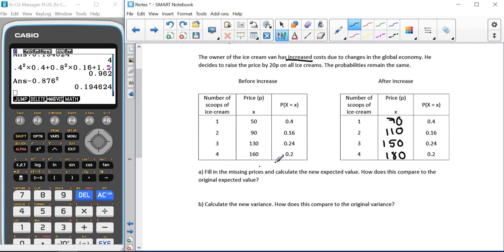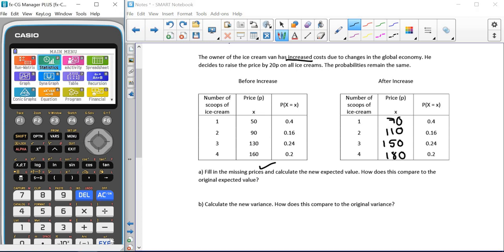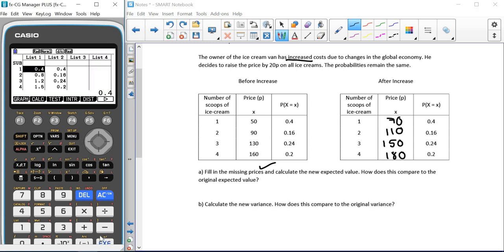So we've filled in the missing parts and we're trying to find the new expected value. So remember, we can do this the short way. If it's a show that question, you must use the formula. You must do it the longhand way. So that's going to give us 0.7, £1.10, £1.50, and £1.80.